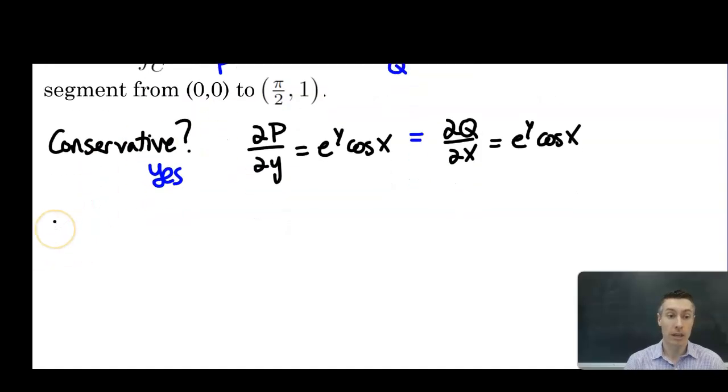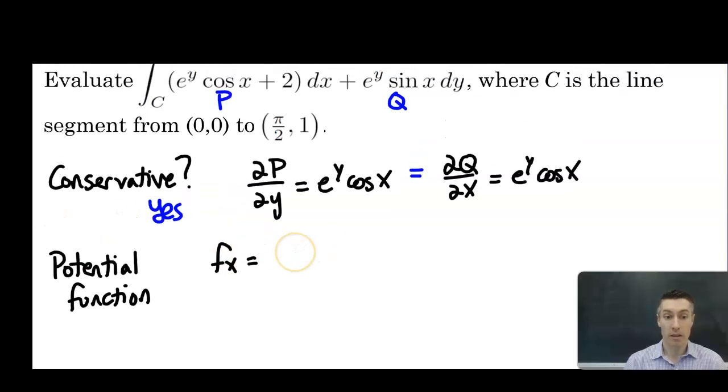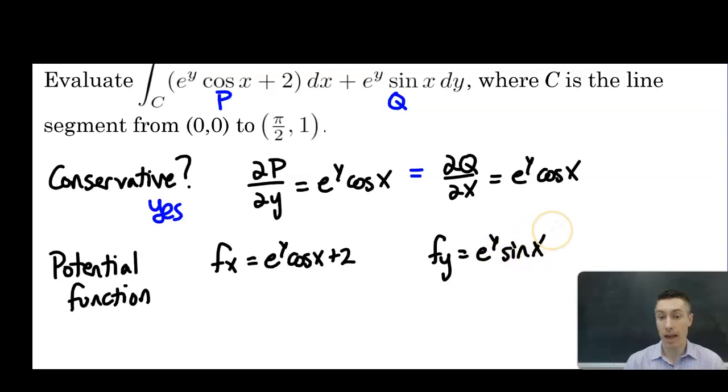Next up, we need the potential function. We're assuming the partial with respect to x is e to the y cosine x plus 2, and the partial with respect to y is e to the y sine of x.